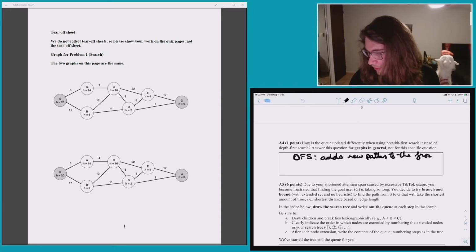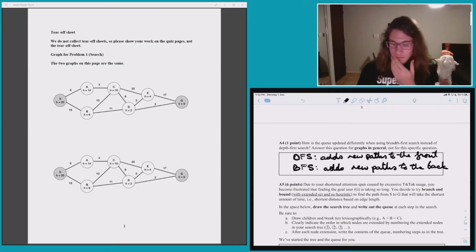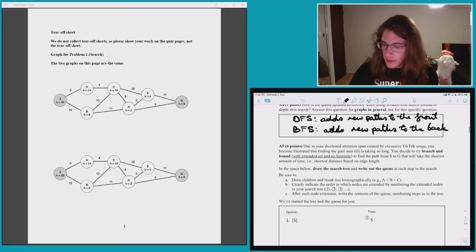I'm just going to write front. And then BFS adds new paths to the back. And that's all there is to it.